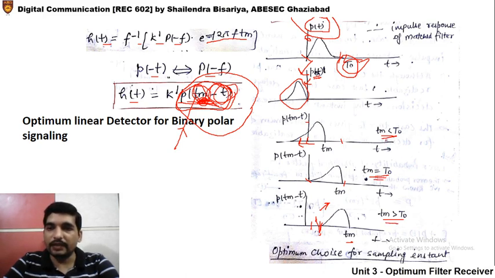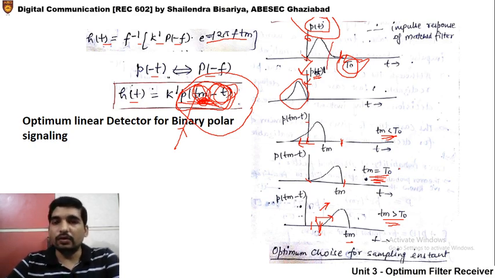In the first case, when Tm is less than T0, the shape is here, it is before this time period T0. When Tm is exactly equal to T0, it is again 0 to Tm. And the third case is Tm greater than T0, so it will be towards the right hand side of this.